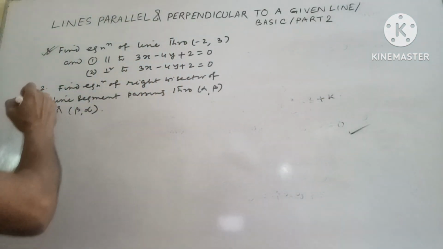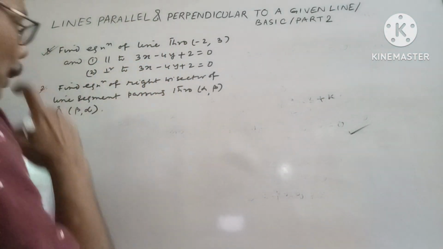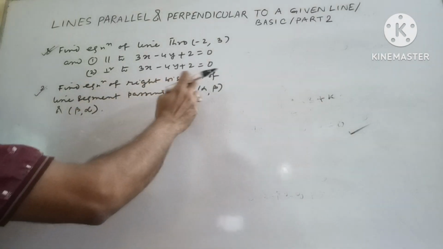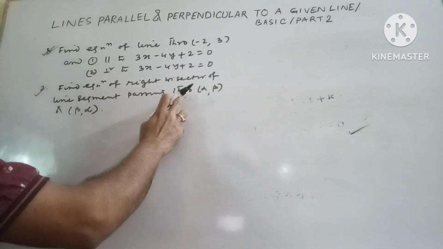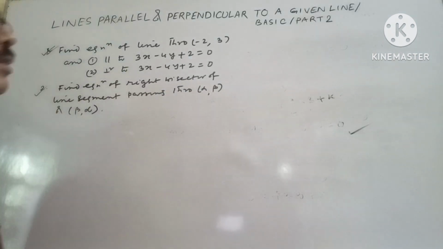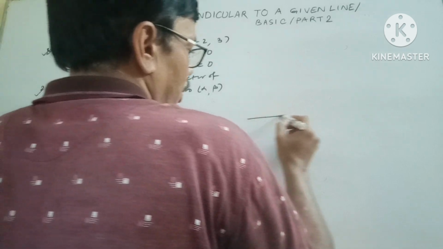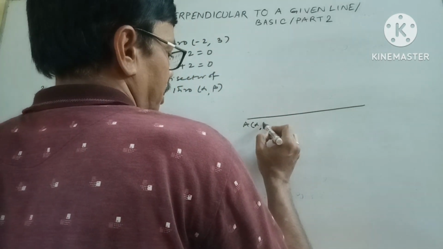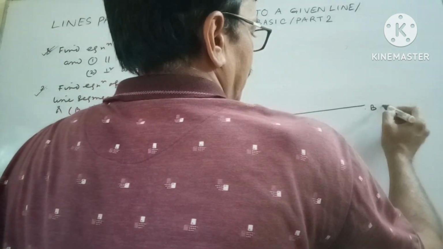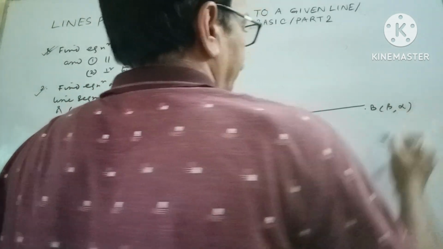Next, problem number 2. Find the equation of the right bisector of the line segment passing through (alpha, beta) and (beta, alpha). So this is A, (alpha, beta), and this is B, (beta, alpha).